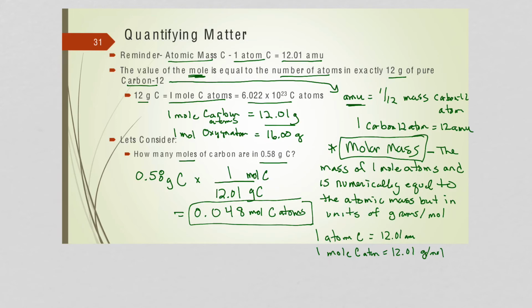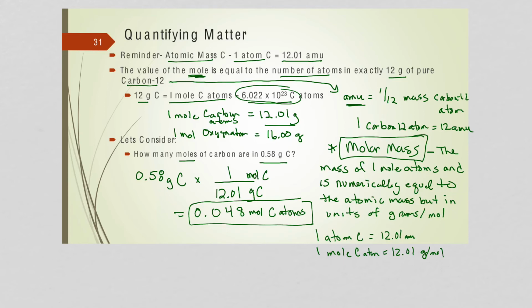So at this point, I have the ability to convert between individual atoms or molecules and moles using Avogadro's number, 6.022 times 10 to the 23rd.